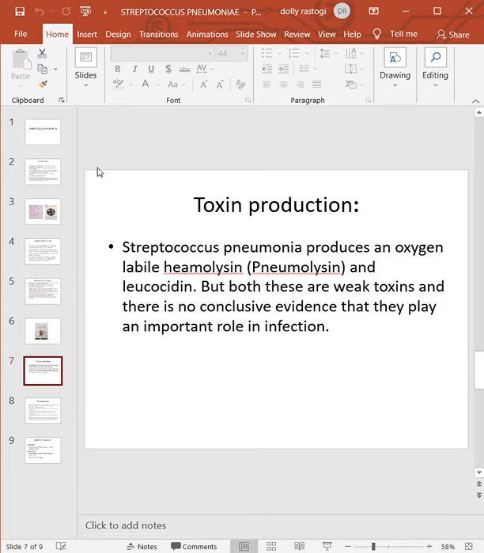The toxins that are produced are oxygen labile hemolysin, commonly called pneumolysin, and leukocidin.